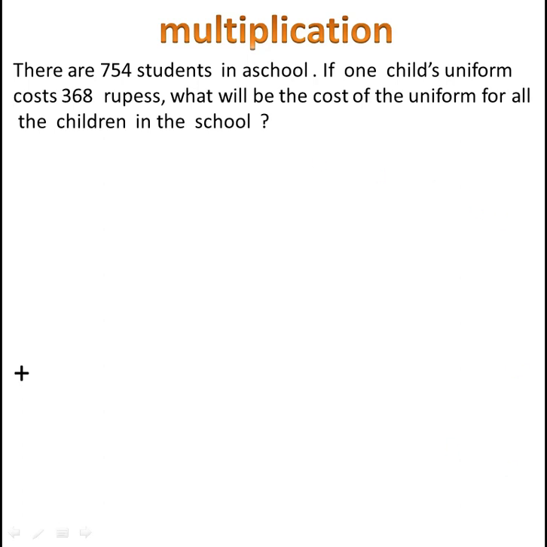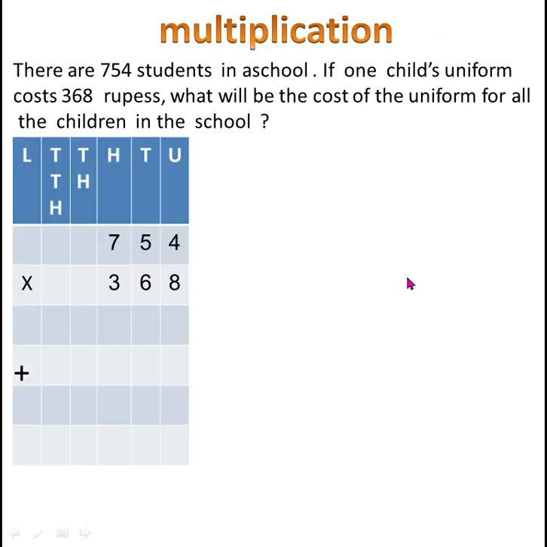There is an example on your blackboard. There are 754 students in our school. If one child's uniform cost is 368 rupees, what will be the cost of the uniform for all the children in the school? So I will write this number in this table.